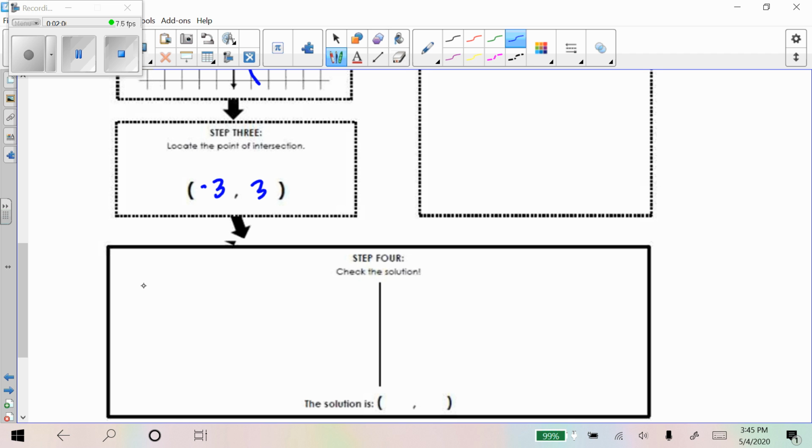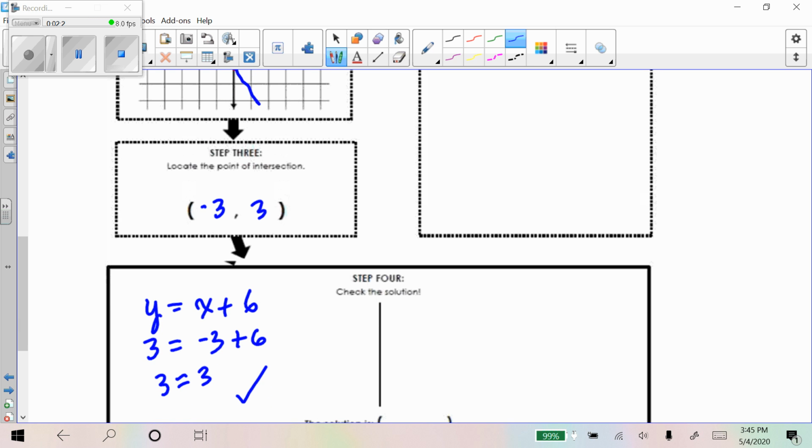Now, you might want to check it just because you might have entered the equations wrong. So we're going to do the y equals x plus 6. We're going to put 3 where the y is and -3 where the x is, and see if that's true. And since 3 is equal to 3, that one checks. And then we're going to check the other equation, which is y equals -2x minus 3.